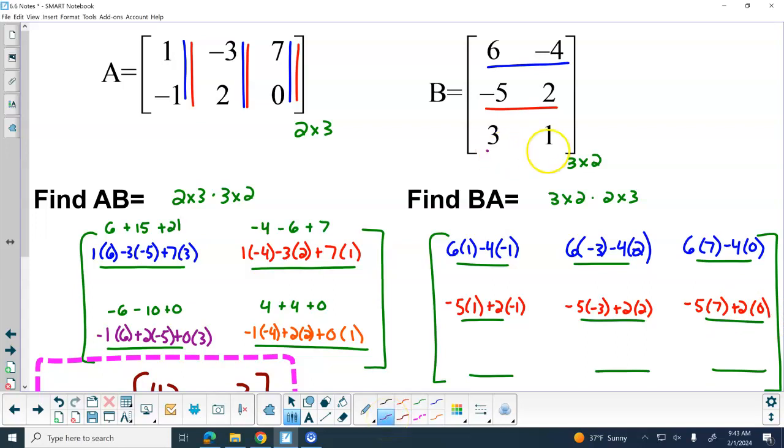Then the third row, first column: 3 times 1 plus 1 times negative 1. The second column: 3 times negative 3 plus 1 times 2. The third column: 3 times 7 plus 1 times 0.